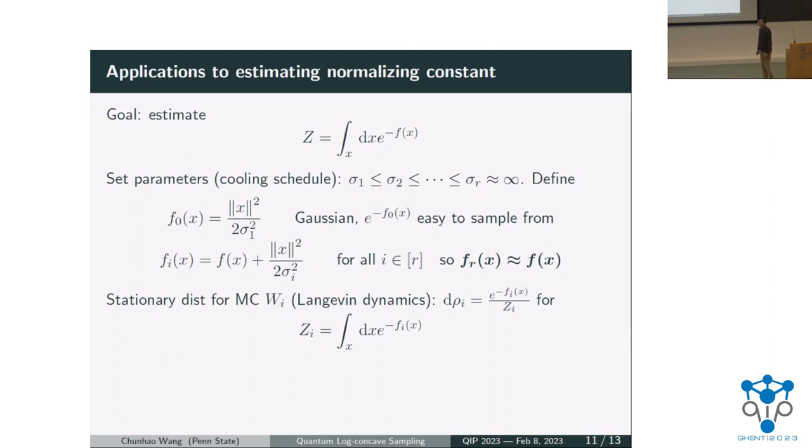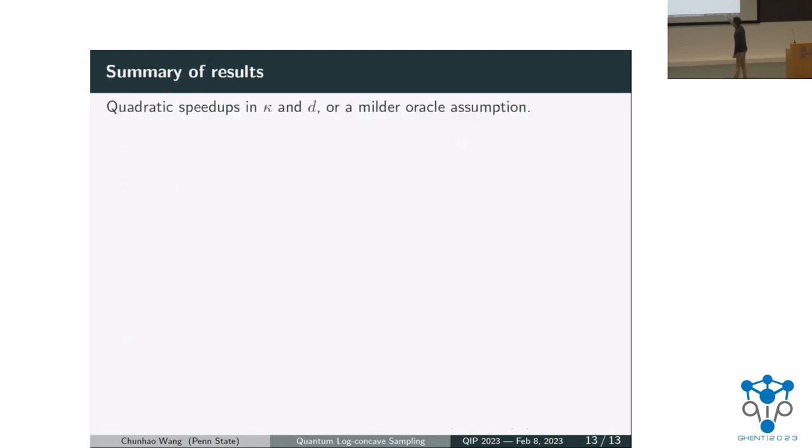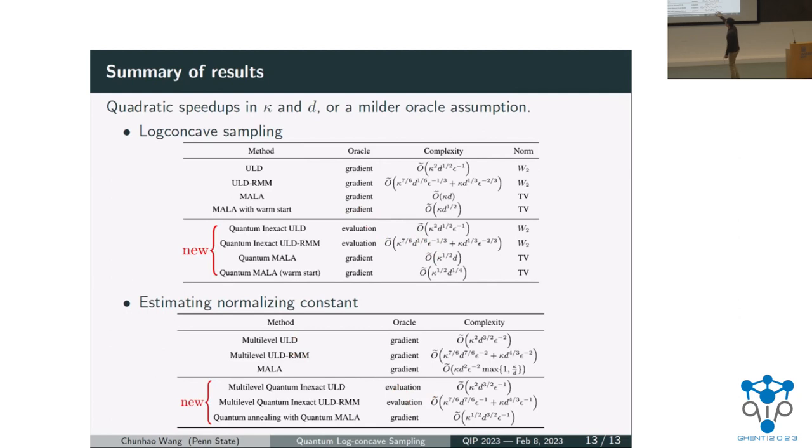Thank you for your talk. A quick question. These quantum annealing methods, I guess, require the chain to be reversible. Yes. However, I think the unadjusted Langevin dynamics are sometimes not reversible. This is a great question. The Langevin dynamics we use is MALA, the Metropolis-adjusted Langevin dynamics, which is reversible.